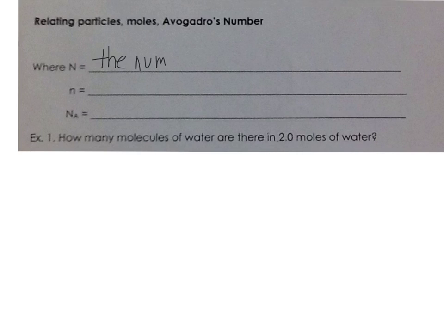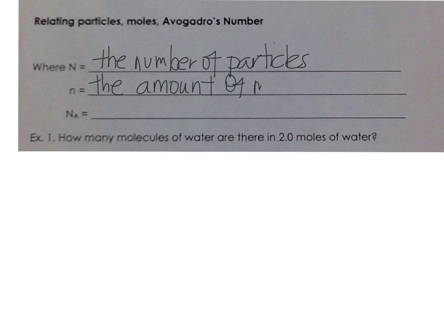N is the number of particles. Small n is the amount of moles. And capital N subscript A is Avogadro's number, 6.02 times 10 to the 23rd particles per mole.